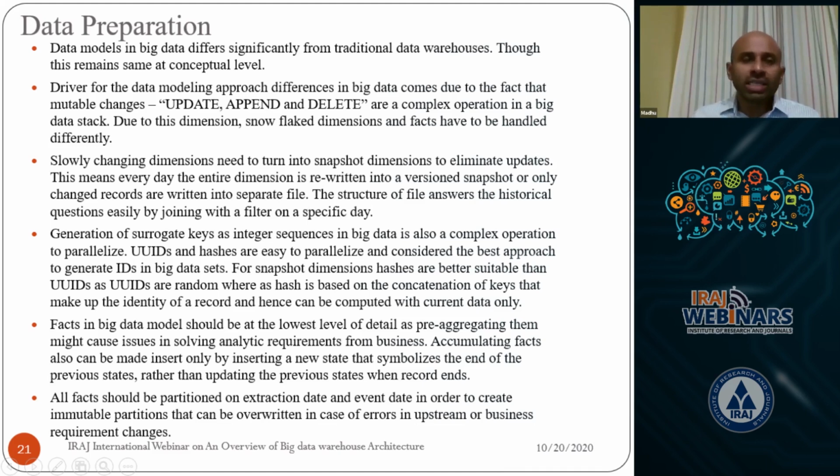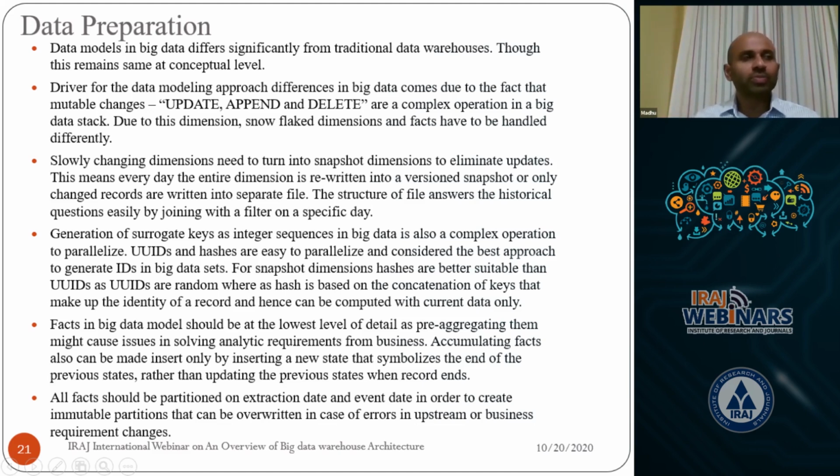Facts are generally already snapshots, but in this case, facts are also snapshots. And at least in the curated layer, you don't place aggregated facts because you don't want business users to have a problem later on. So you are always having the facts at the lowest level of detail before pre-aggregation.